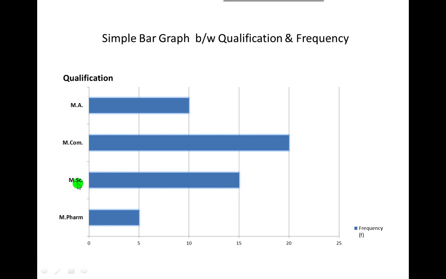So represent the second category according to the frequency, 15 values, the same as the third category, MCom 20 observations, next MA 10 observations. And this is the variable qualification, and there are 4 categories. This is the frequency. This type of graph is called a simple bar graph, between qualification and frequency, between variable and observations.